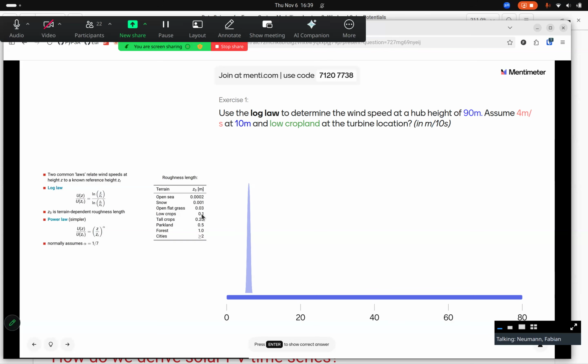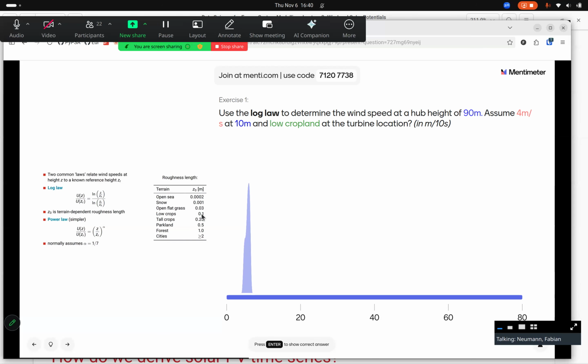I realized that may not be so suitable for the online people, but it's also a fairly simple calculation. What you would do is take UZ, which is what you want to calculate, and take the UZR to the other side. That's something you know already.